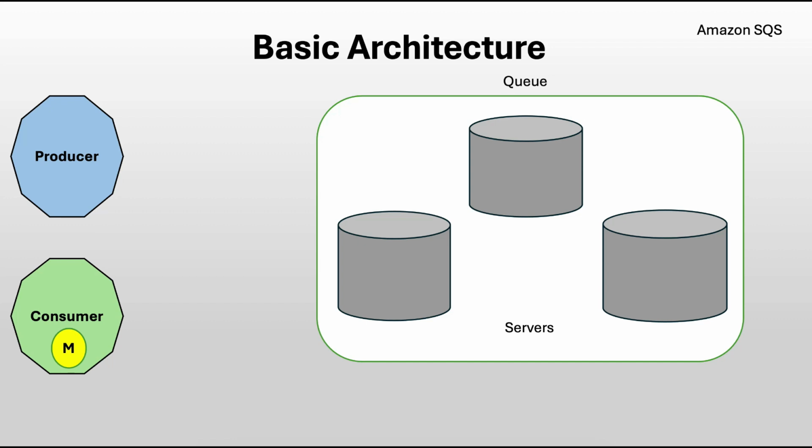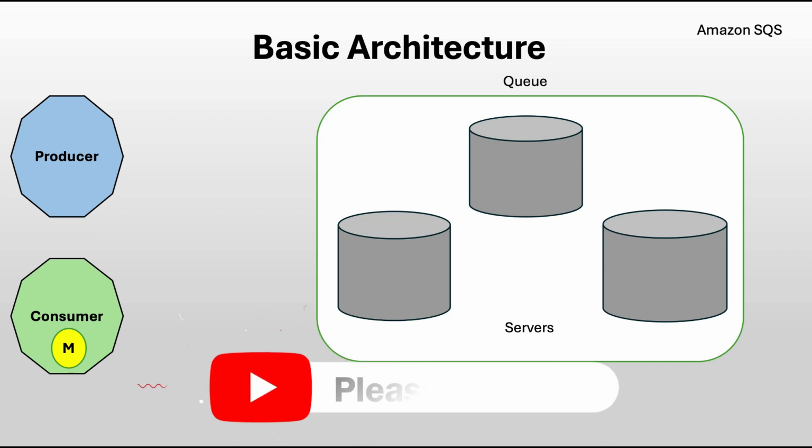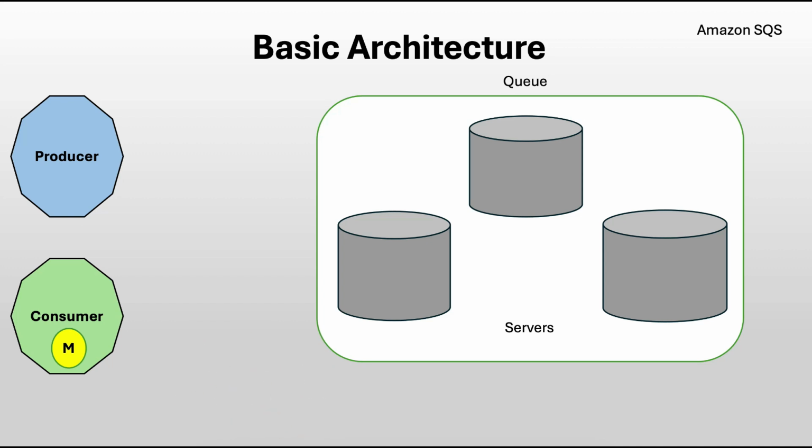The producer application produces the message and the consumer application consumes the messages through a service called SQS. SQS has a queue and that queue is distributed on multiple servers. That's it. That is the simple and basic architecture of SQS.